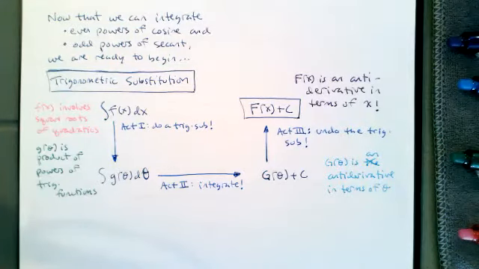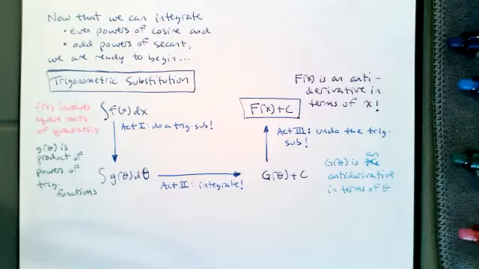So this is the trigonometric substitution game. Something tells us to do trigonometric substitution. That usually means that the function involves square roots of quadratics. Doesn't have to be square roots. It's mainly the quadratics thing. We do that so we can turn our f of x integral into a g of theta integral, which is a product of powers of trig functions, which we know how to deal with.